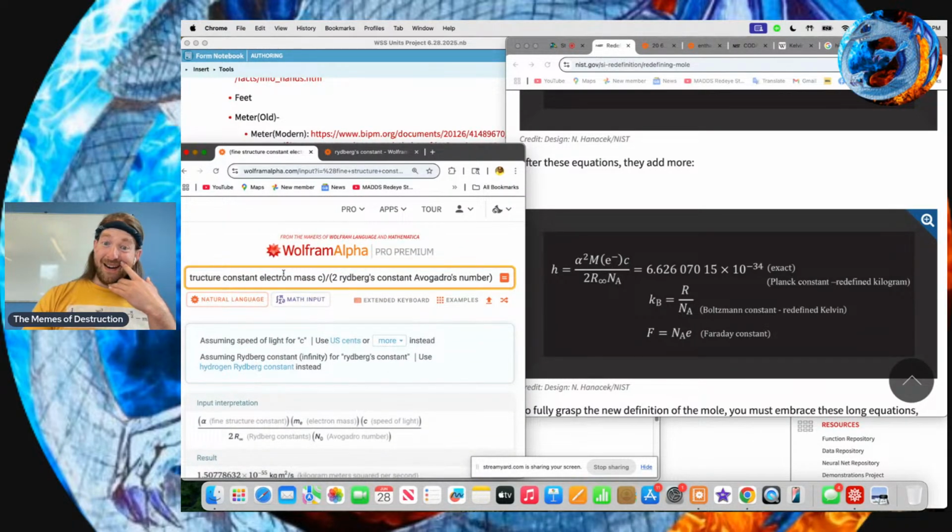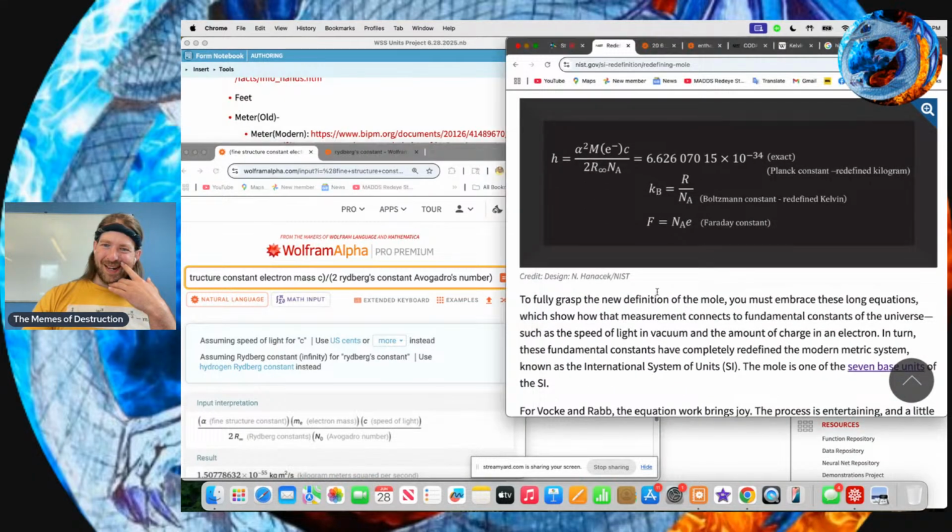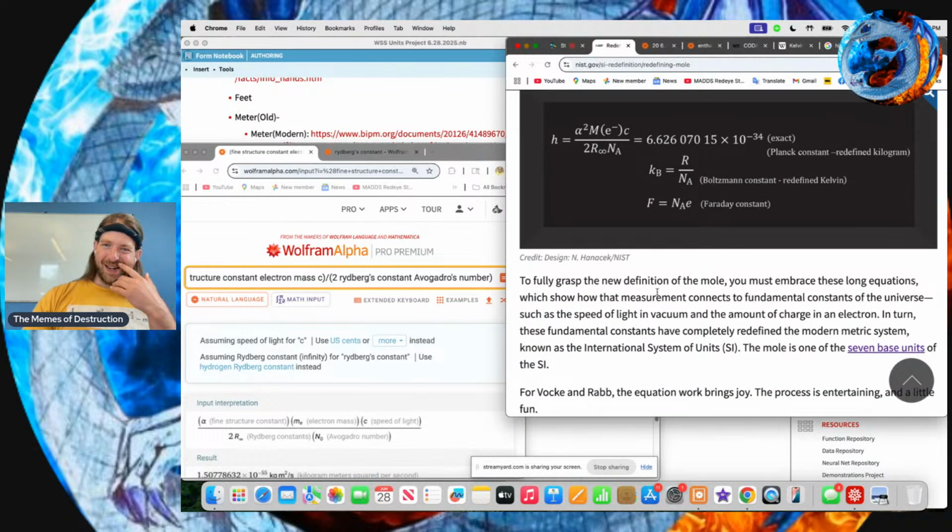Okay. We have Boltzmann's constant, which is redefined. The Faraday constant. Why? Huh. Let me throw in the protons. No, that's only going to be like 3 orders of magnitude.